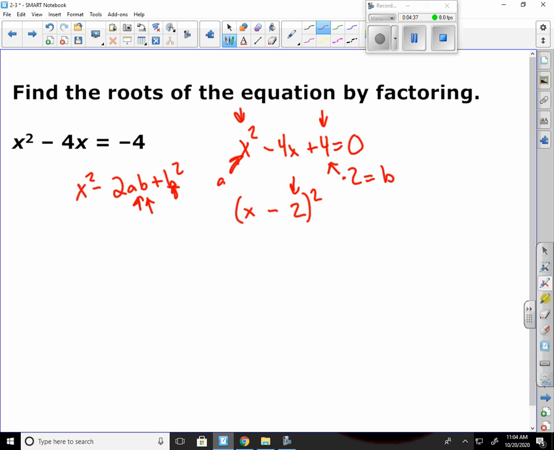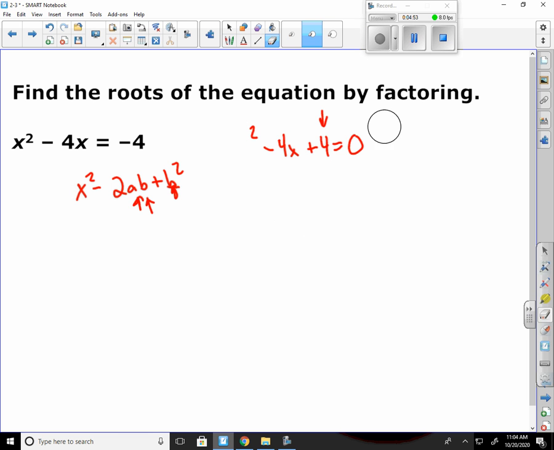You can use either method. Some times I think that the first method is the easier way. Other times I think this is the easier method. It's all about just identifying this as a perfect square trinomial, where I end up with a squared for the front term, b squared for the back term, then that tells me that I can move forward.